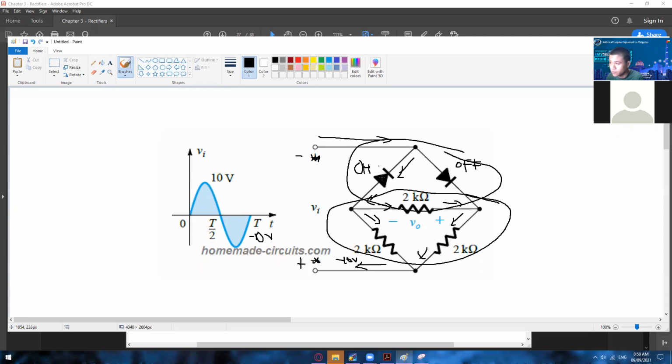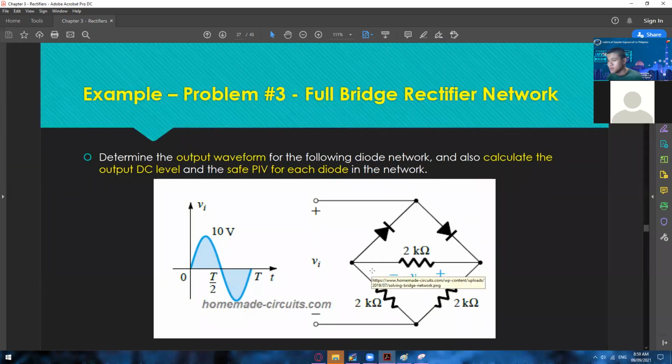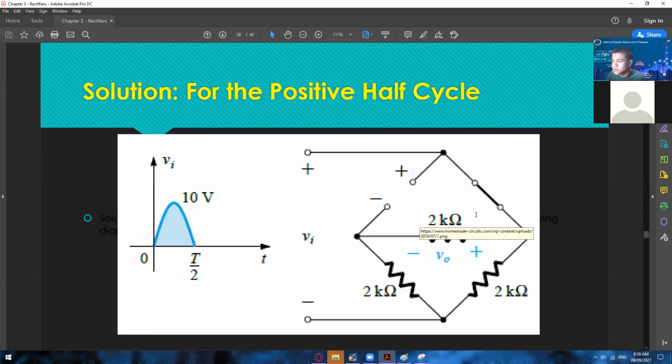We have a full wave waveform, but we don't have the same value for the VO. It wasn't mentioned here to solve the voltage output also, but anyway, it says recalculate the output DC level and then the safe PIV for each diode. So let me just show you guys the step-by-step solution.